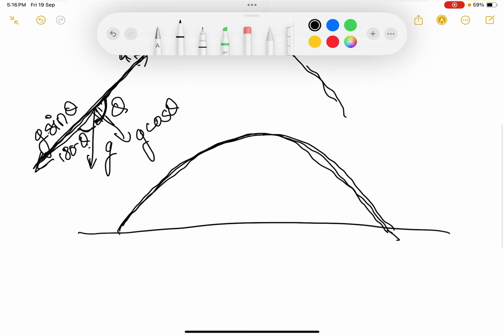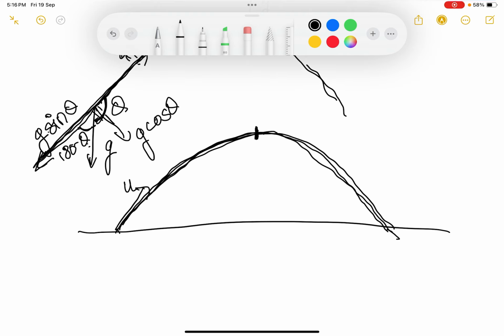Let me tell you the things which we are going to study. Suppose we have thrown an object or ball with velocity u and it goes in this manner. At the top, the velocity of the object will become 0, and slowly it will again go on increasing, and the velocity will become the same here as it was thrown initially. In this way the velocity will decrease, and this component is going to change the direction of the object.